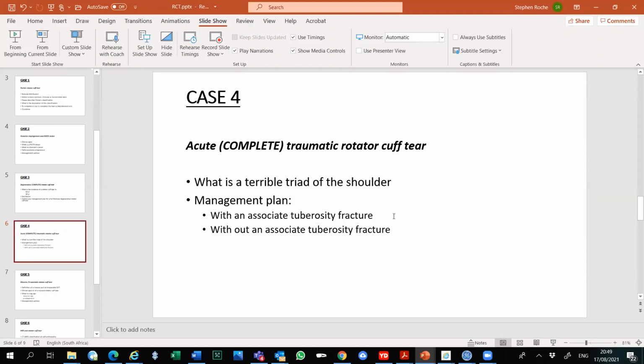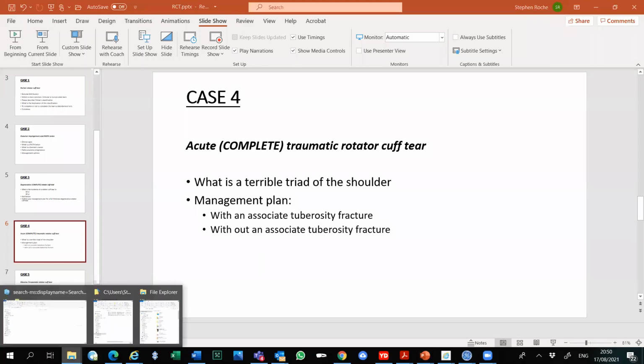And then just on the tuberosity, when would you fix it? Does it still imply displacement of more than 1 centimeter with 45 degrees? Or would you tend to put a screw through it or use double row anchors with a post? It's just on the discussion or the management plan.